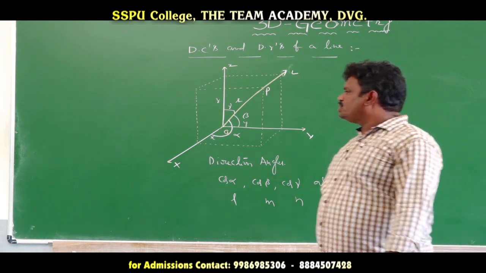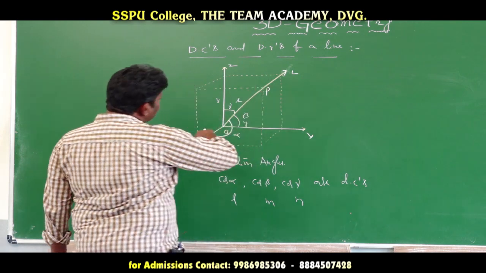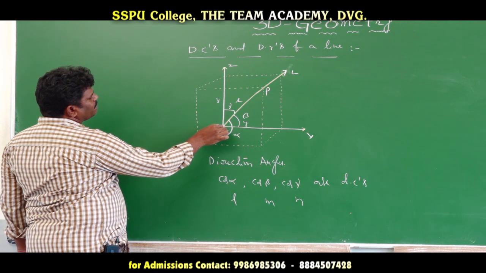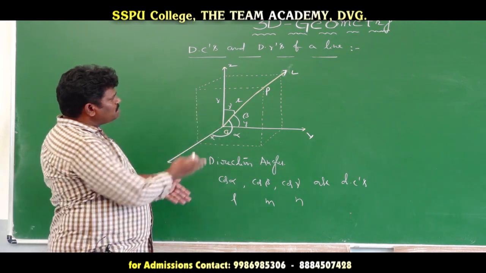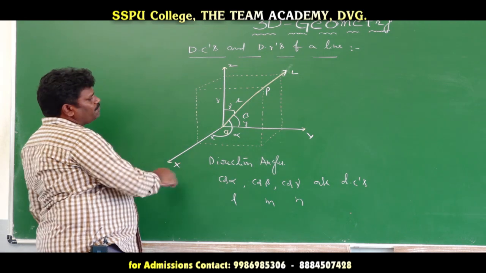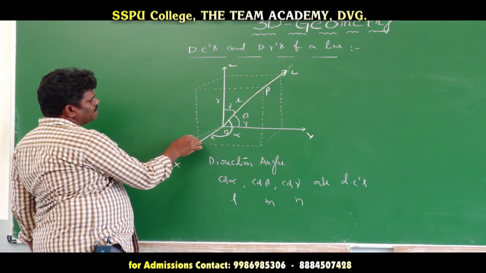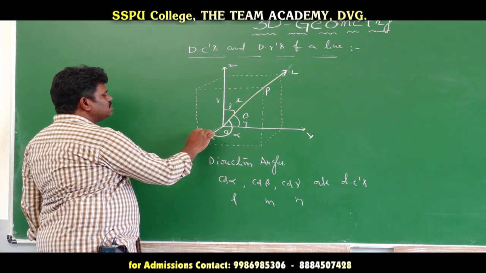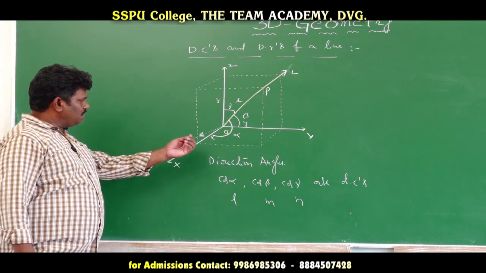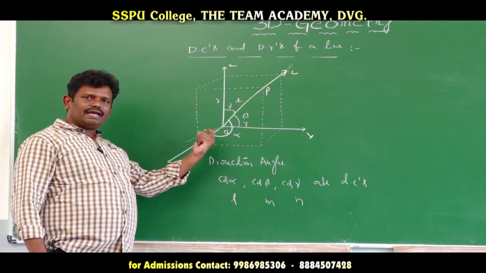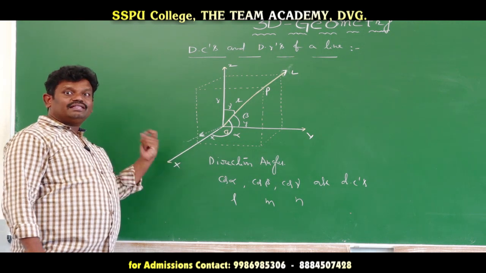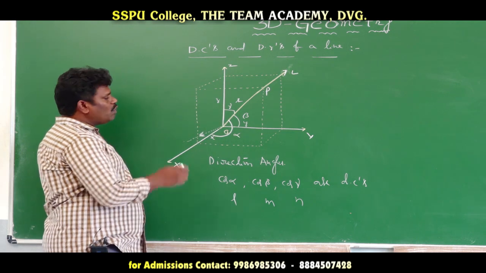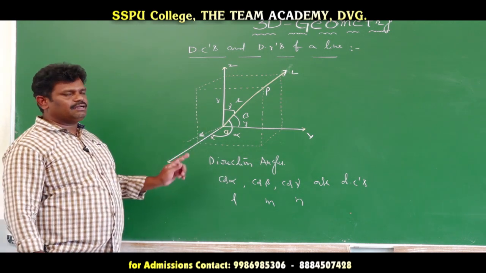Here, this directed line we extended in only one direction. Suppose this is the upward direction; if you want to take the backward direction, you extend the line the other way.